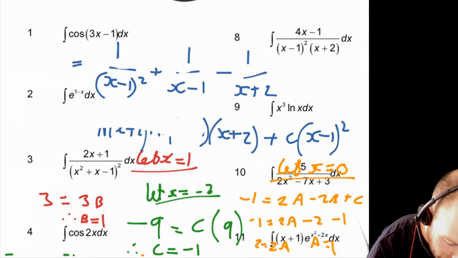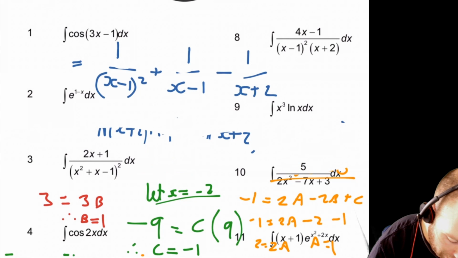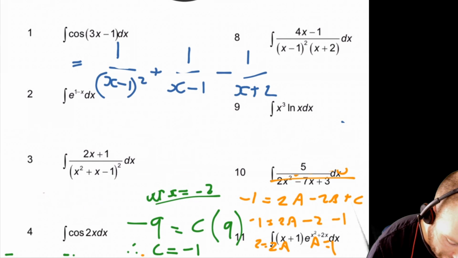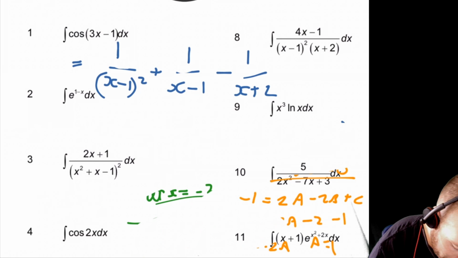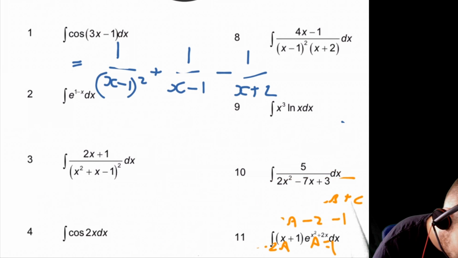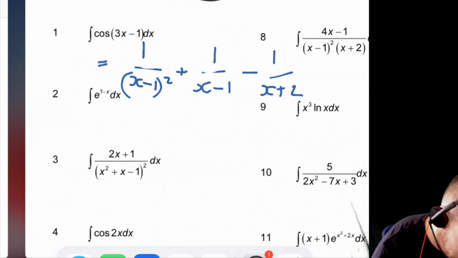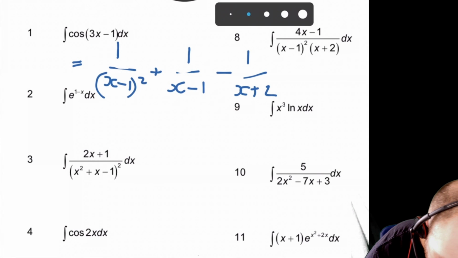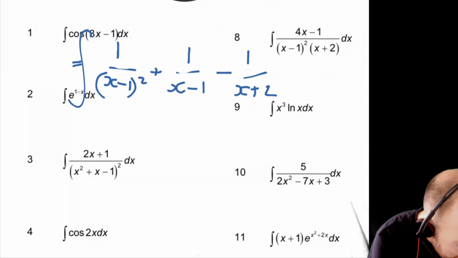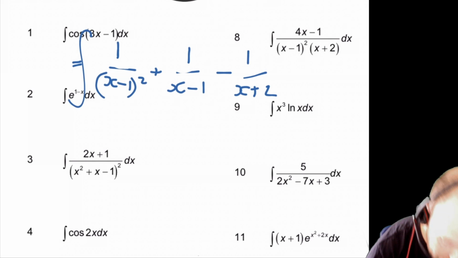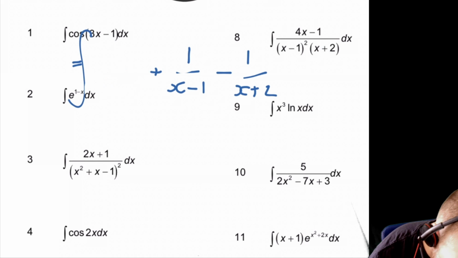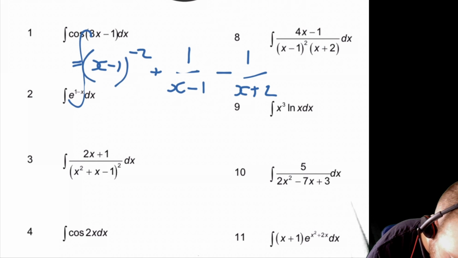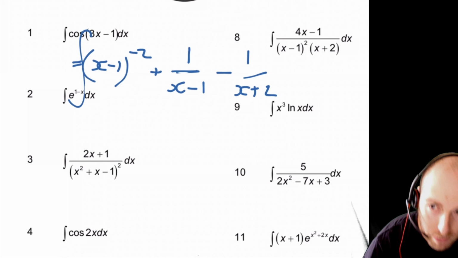Cool. All right, then we're ready to integrate. Okay. So first term, to integrate that, we're going to need to write it as x minus 1 to the minus 2. Then we can actually do our integral.